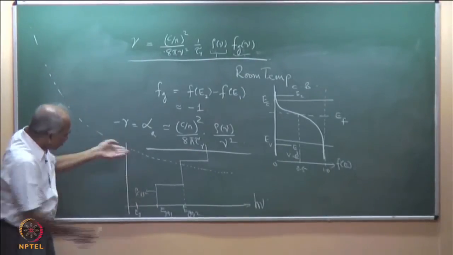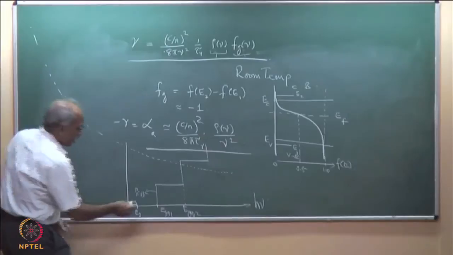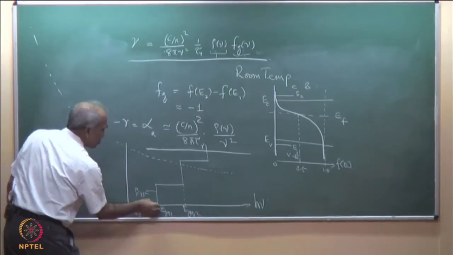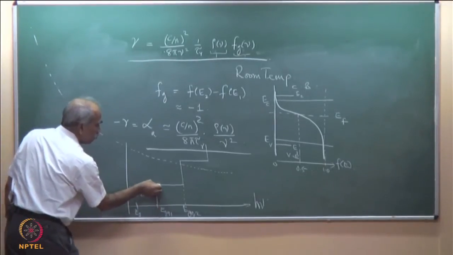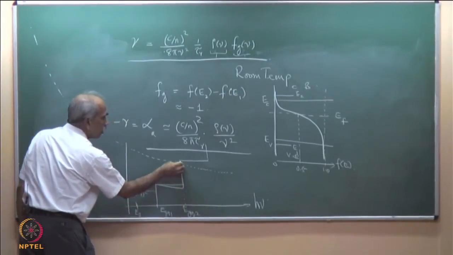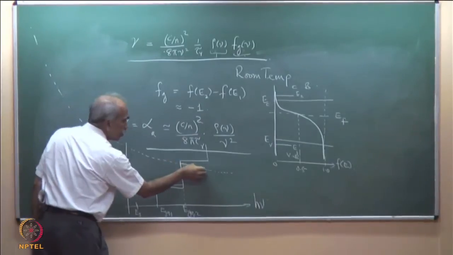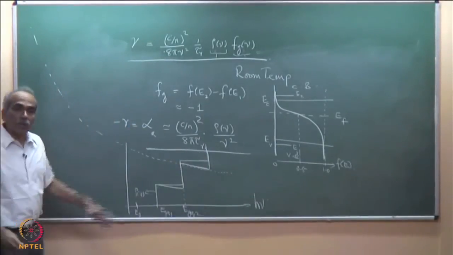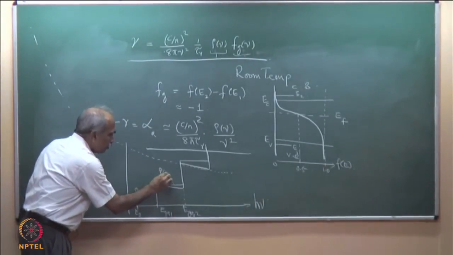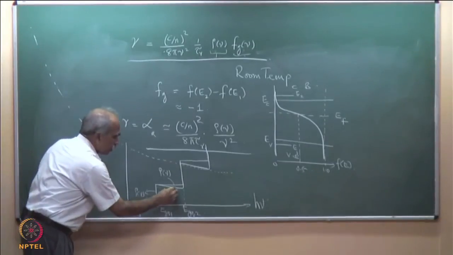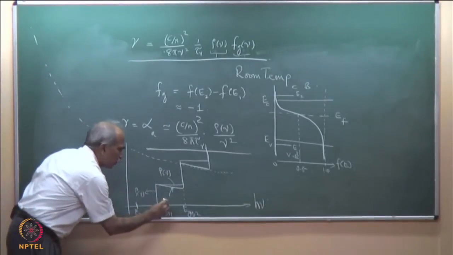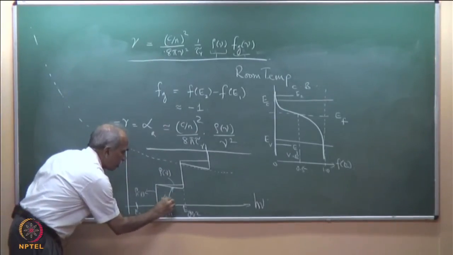So the product, this is a very small variation, but nevertheless if I multiply this and this, what you expect is the product. The upper one is rho of nu and the lower one is alpha of nu, with some constants, but I am showing only the variation. So this is alpha of nu.